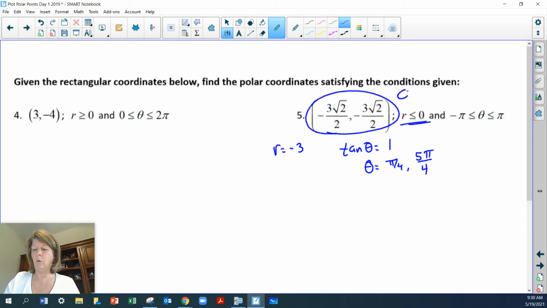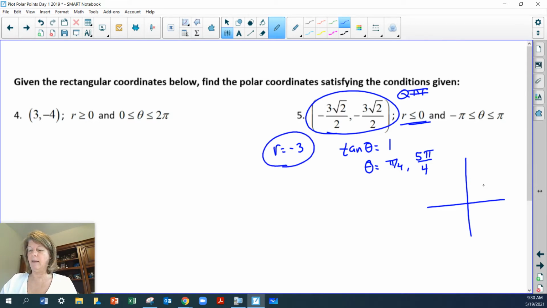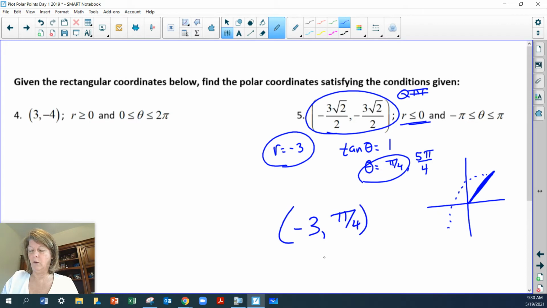This is a quadrant 3 point, right? So I need my polar point to end up in quadrant 3. If I have to use a negative r, that means I need to be branched out into quadrant 1 so that it reflects over to quadrant 3. I'm going with the pi over 4. So negative 3, pi over 4. There it is, the beauty of it.